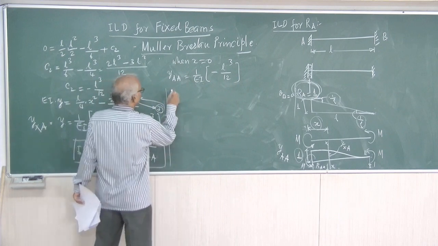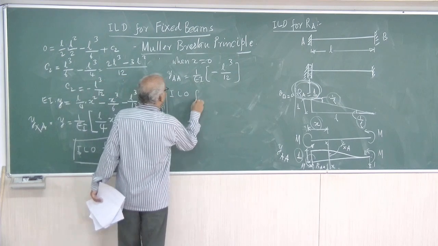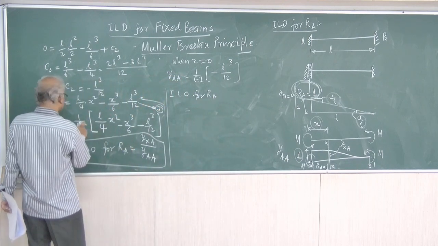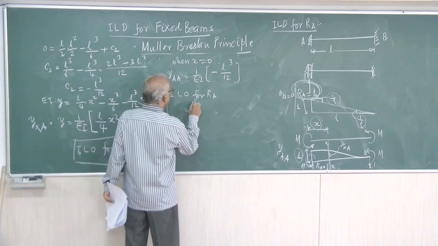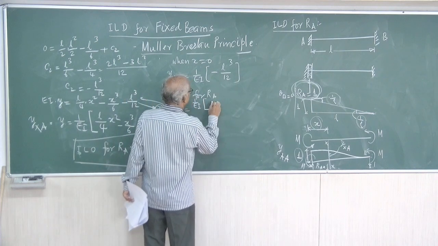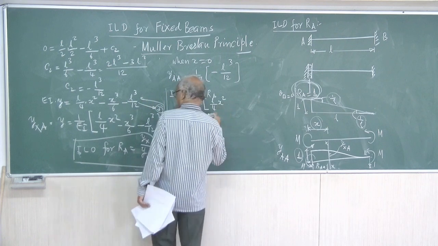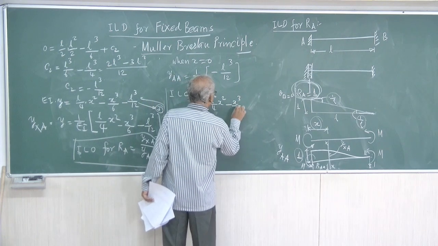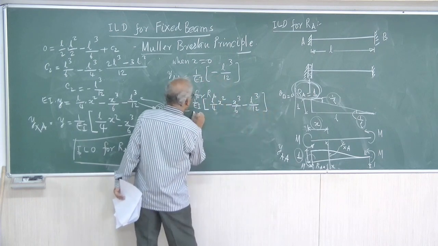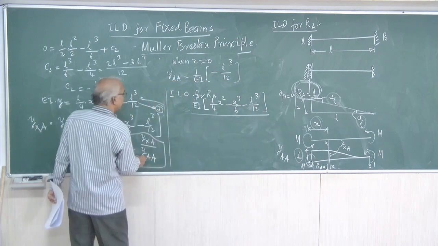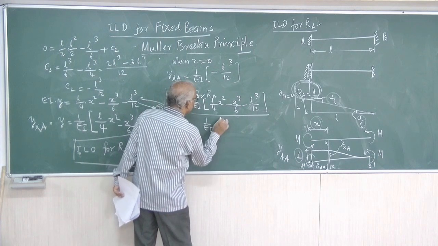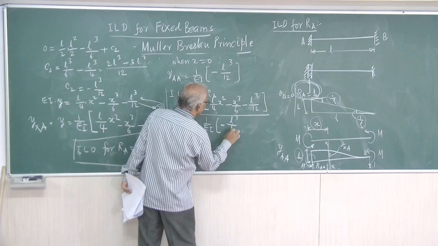Therefore, the influence line ordinate for RA equal to, the numerator is 1 by EI into L by 4 x square minus x cube by 6 minus L cube by 12, divided by Yaa, which is 1 by EI into minus L cube by 12.